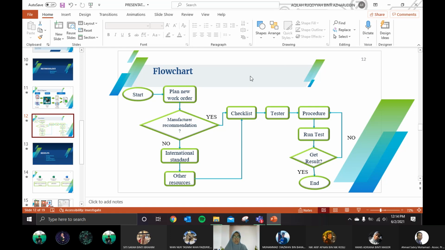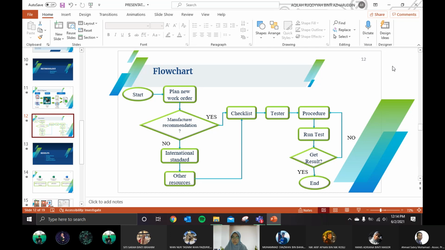Next is the flowchart. The process starts by planning a new work order, which is to draft the checklist and procedure. After the work instruction is done, we need to find an alternative to get the service manual with the manufacturer's service recommendation.